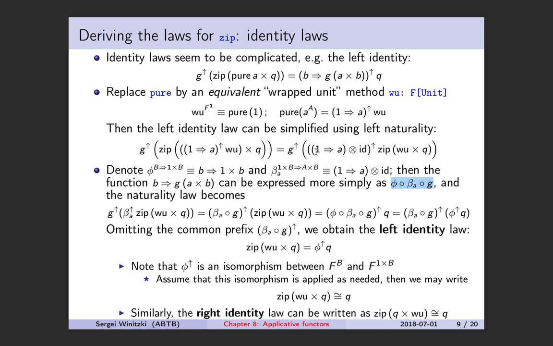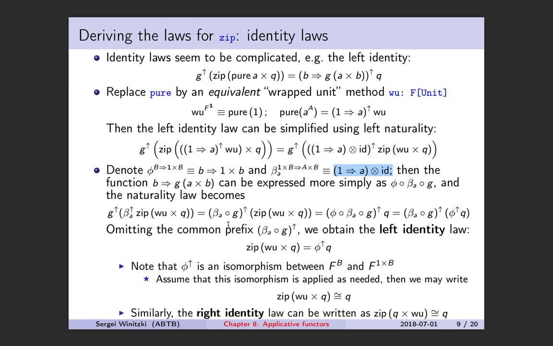So if we substitute into that naturality law, which we just had in this form, then it becomes G, so this is beta A. This is actually beta A by definition, so G, beta A, zip.